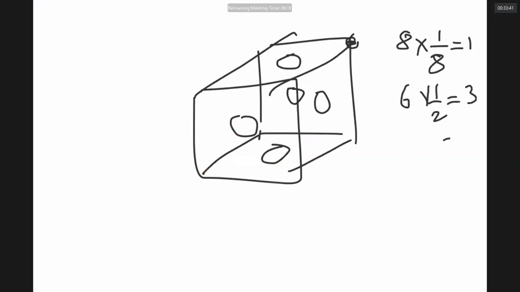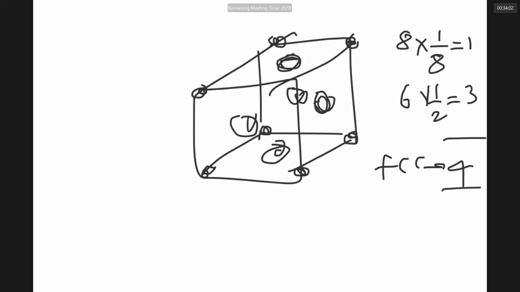So total, how many particles are there in a face-centered cube? 4. Every face-centered cube has effectively 4 particles because all the corners put together contribute 8 into 1 by 8, 1. All the face centers, 6, contribute effectively 6 into half, 3.